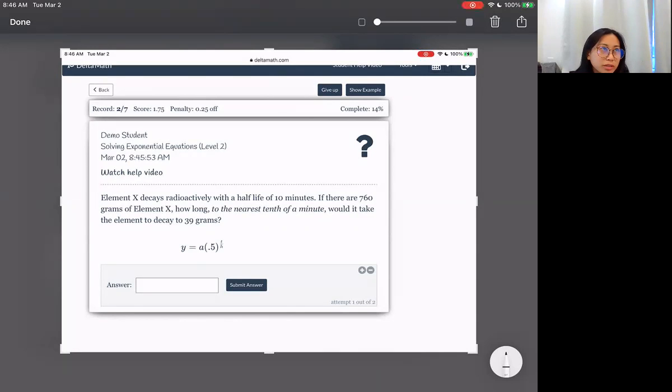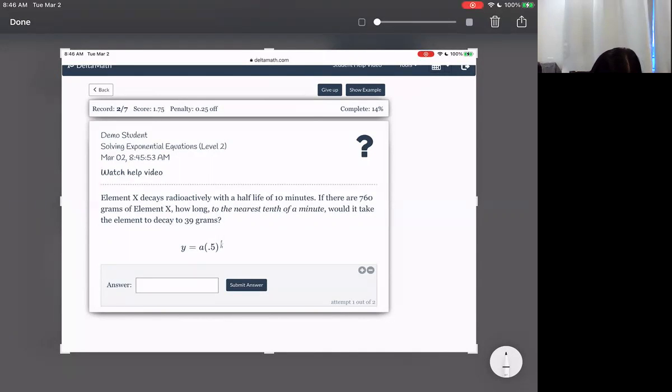So earlier we were talking about exponential growth. Now we are talking about exponential decay, which means the amount of this radioactive element will be cut in half after a certain amount of time. So there's going to be less and less of this radioactive element, whereas in the last problem, we were talking about interest, so you get more and more money.